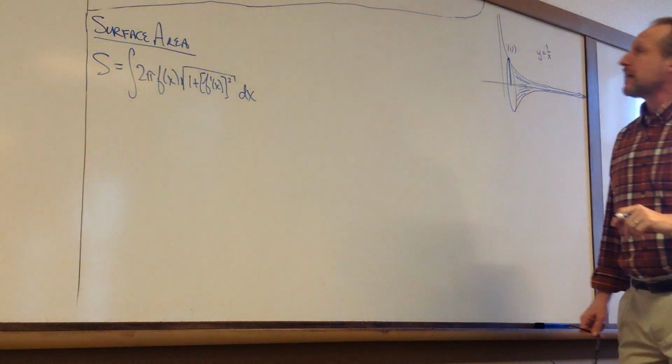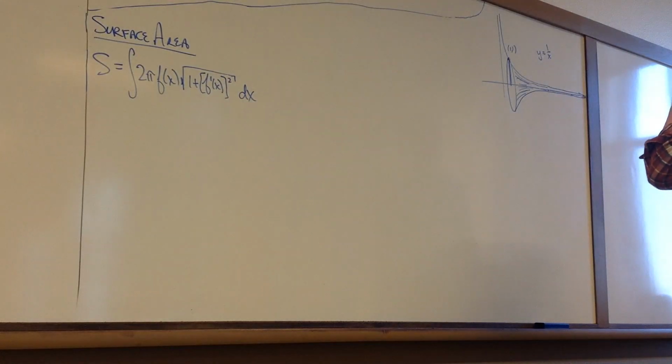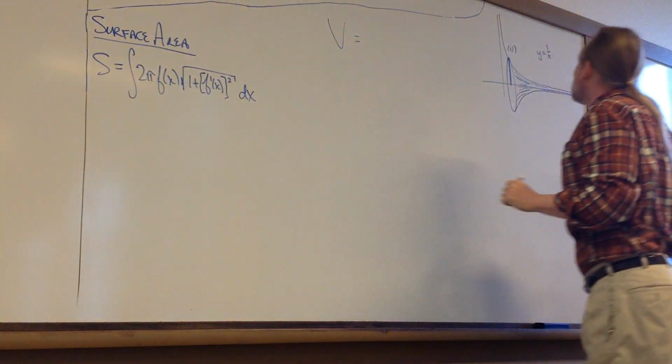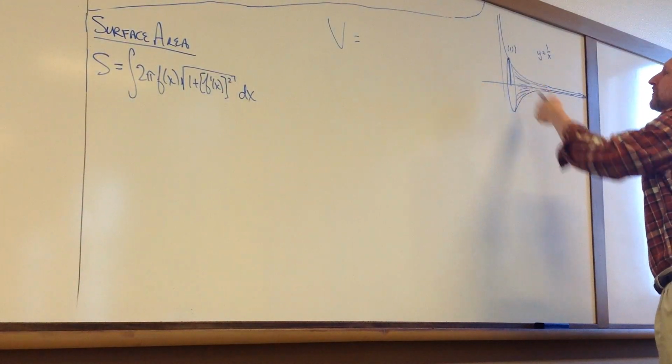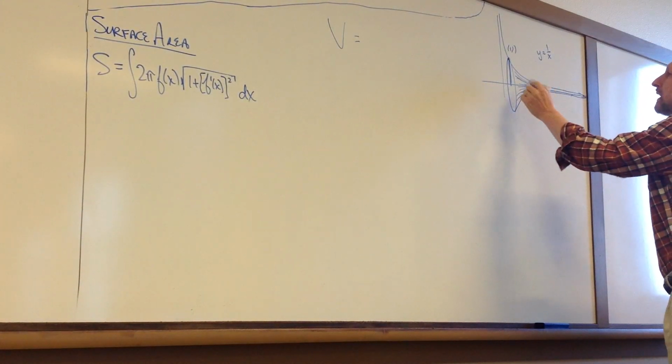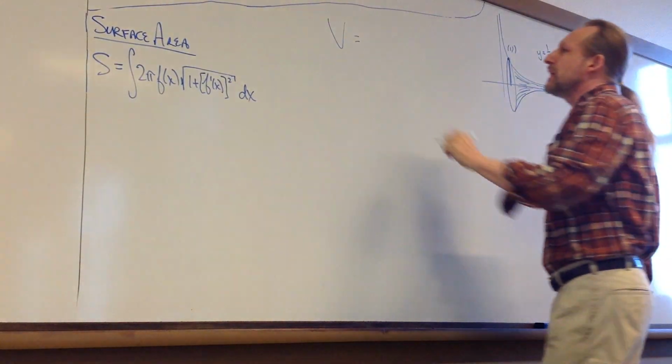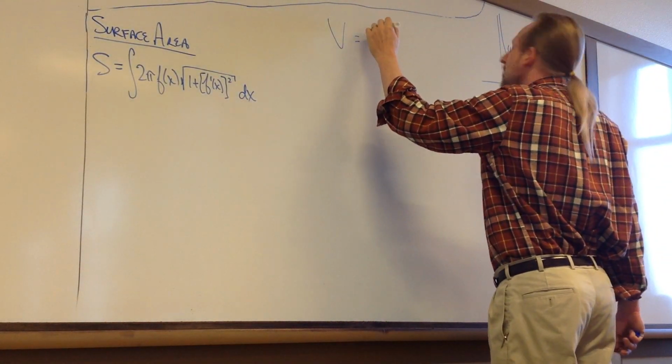So if we set up the volume here, we've just got a single radius, right? Our area was flush up against the axis of rotation, so this is just a disk.